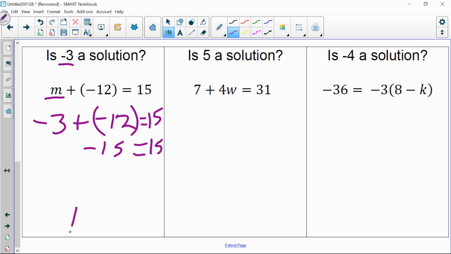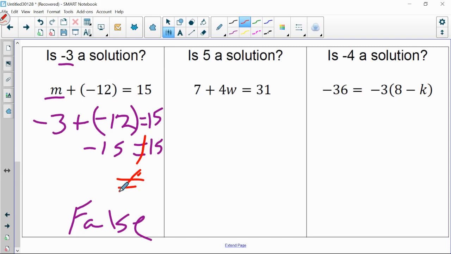That is false. Another thing we like to do is see where the equal sign is and cross it out. That's another nice visual when we say it's false, the not equal symbol. That means they are not equal.